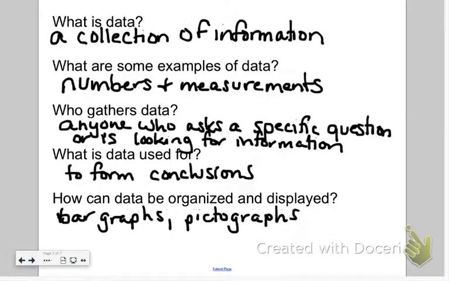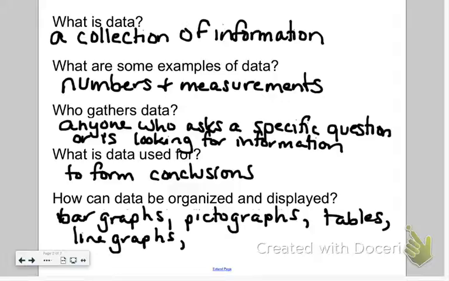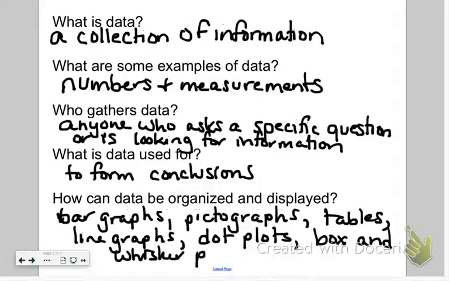Let's see, we've got tables and line graphs. We'll get into dot plots, box and whisker plots, etc. So there's lots of different ways that we could display data.